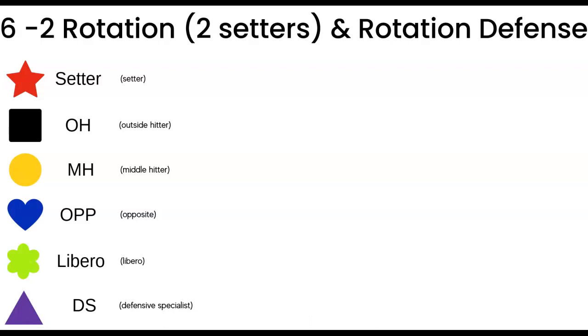The other thing that you will see in this video is that I have labeled the front row players as L1, M1, OP1, and the back row players as M2, L2, and that is so you know front row versus back row.